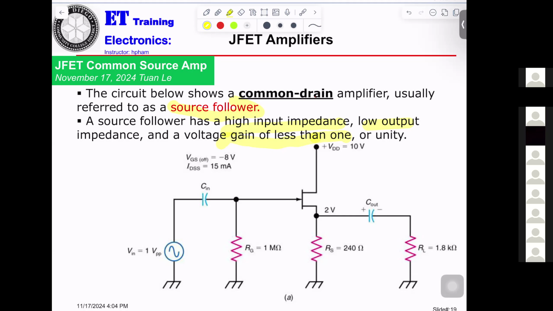For example, for this self-bias, they give you VS, 2 volts. When you get VS of 2 volts, you can calculate the IS. IS equals VS divided by RS. After you get the IS, that is the same as the drain current ID.